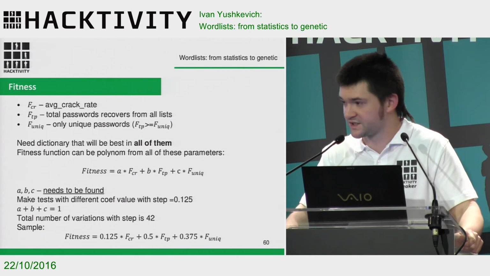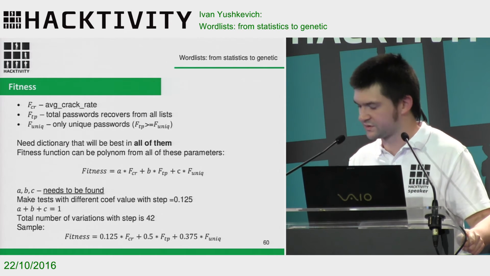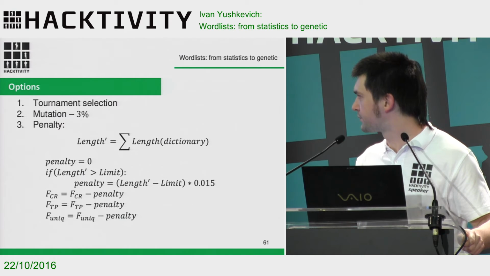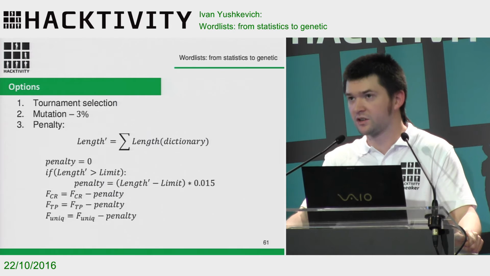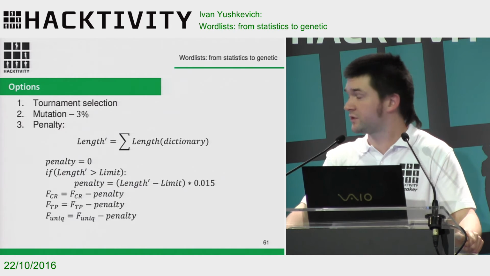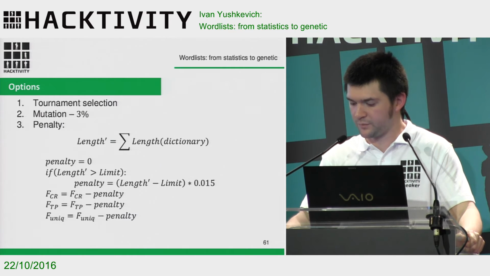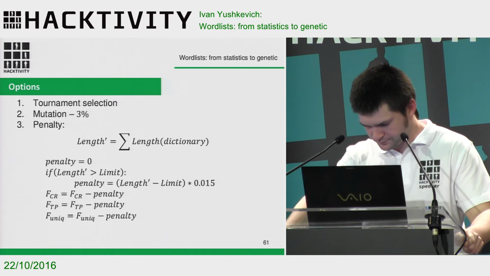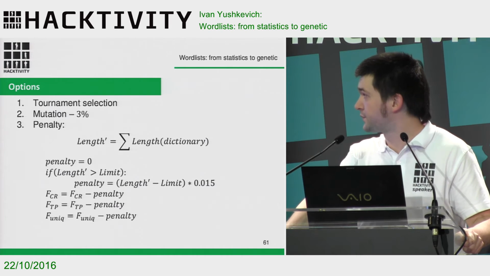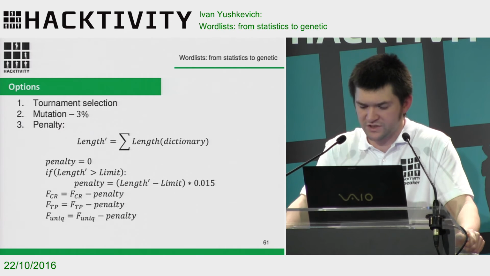So you can see here an example of how the fitness functions look with these coefficients. For further testing, I chose tournament selection, slightly increased the mutation value, and changed the penalty. In the previous tests, the penalty relied on the dictionary size, and it's not very simple.